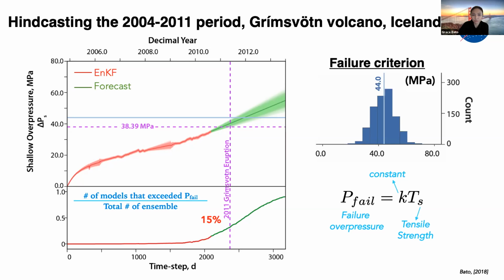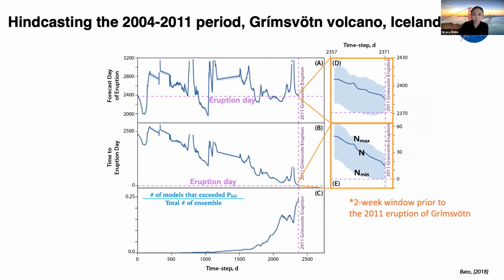So when we use this kind of approach, we were able to derive this plot here. This is the forecast day of eruption as a function of time, and this is days left to eruption. These two plots here are just the zoomed versions 2 weeks prior to the 2011 eruption of Grímsvötn.